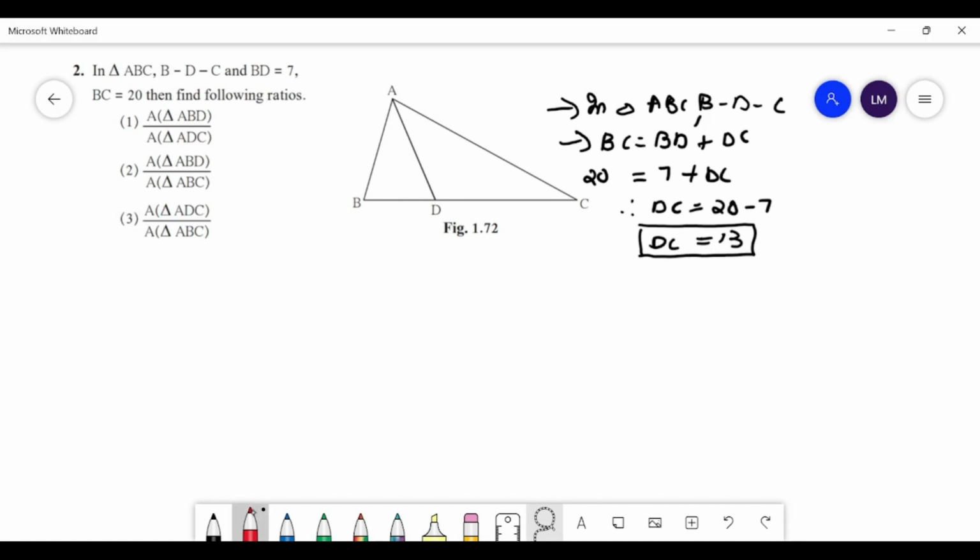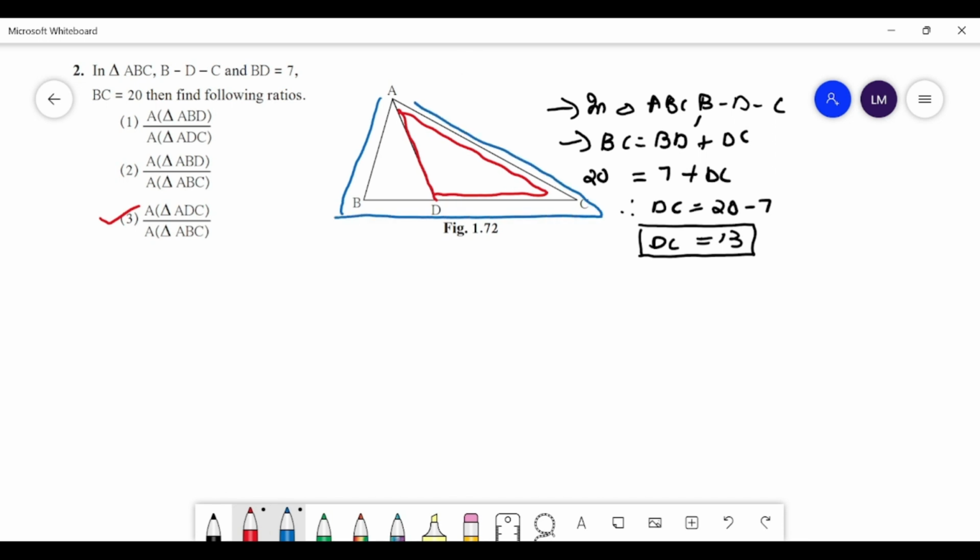Now we will move on with the third part, that is area of triangle ADC and triangle ABC. Now first we'll check out from the figure. This is triangle ADC, right? And next is area of triangle ABC, that means the full triangle ABC. Okay, so we'll write this solution.